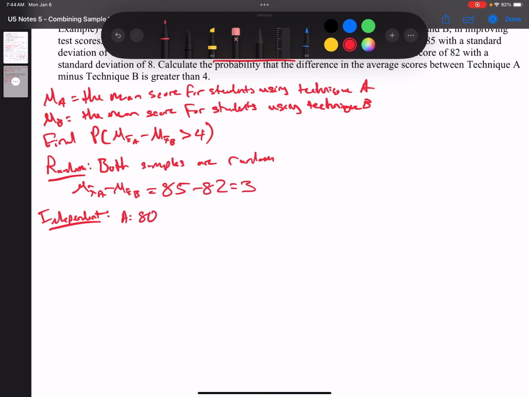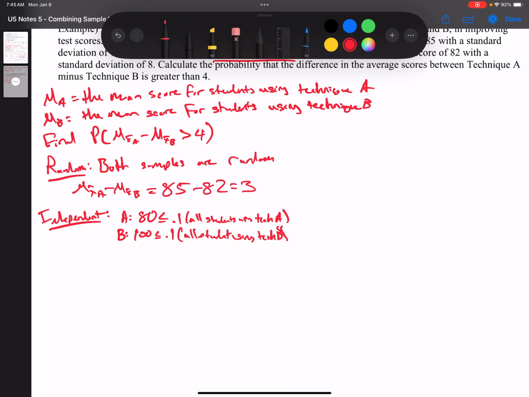For group A, let's see, is 80 less than 10% of all students using technique A. Okay, and then for B, we gotta check is 100 less than or equal to 10% of all students using technique B. Okay.